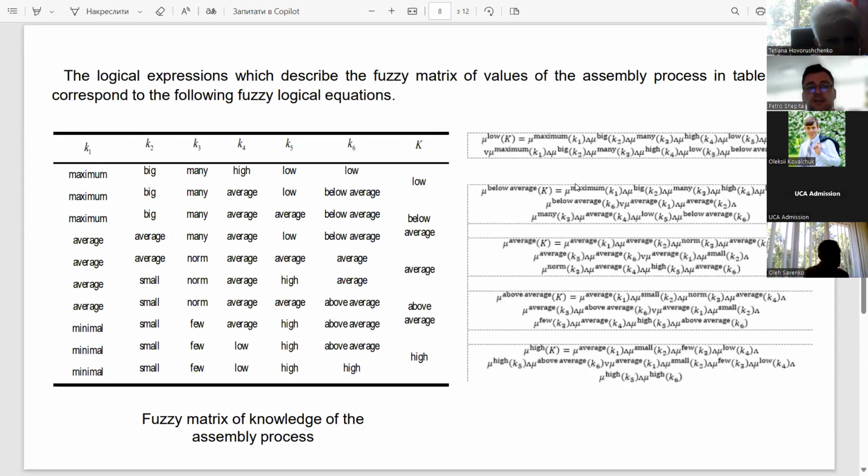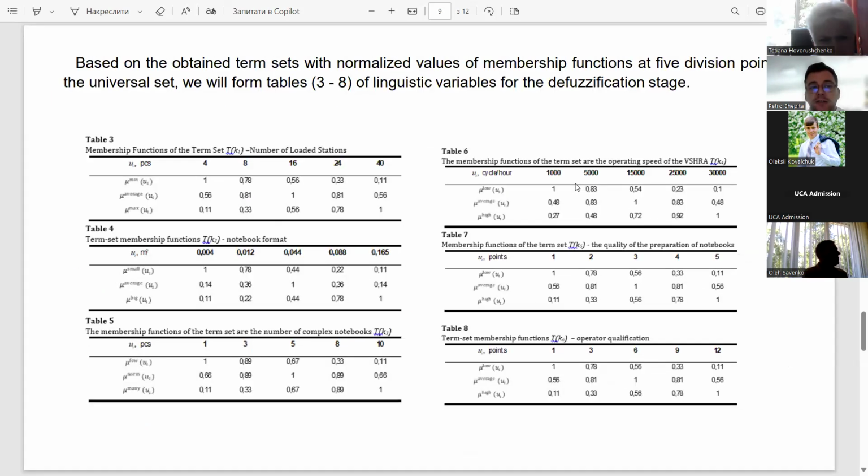The logical expressions which describe the fuzzy matrix of values of the assembly process are presented in the table and correspond to the following fuzzy logical equations. Based on the obtained terms with normalized values of the membership function at 5 division points of the universal set, formal tables 3 to 8 in this picture present the linguistic variables for the defuzzification stage.